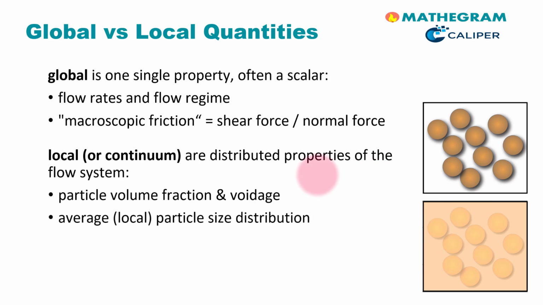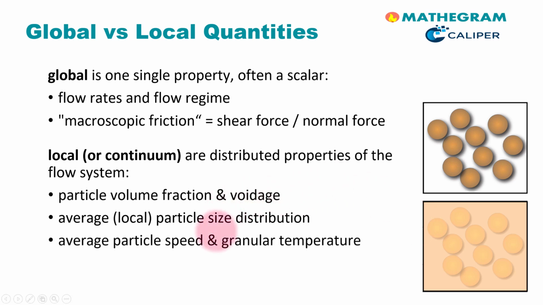Similarly, we can define a local particle size or even a local particle size distribution in each of these RVEs. We will not discuss this in greater detail in the present unit, but come back later to size distribution in our unit on polydispersity. The next continuum properties that we are interested in are associated with the particle speed and also the so-called granular temperature.